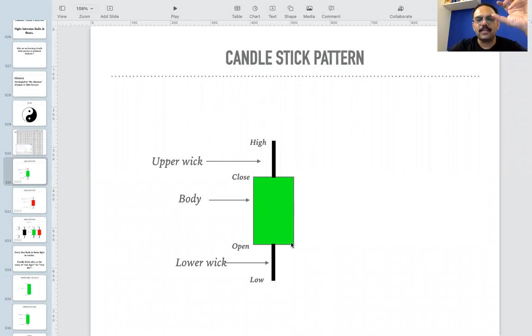This body is colored green. So when you see green, that means at 3:30 the share closed, the closing price of the share was greater than the open price of the share at 9:15. Everyone okay? Everyone clear? If you see a green candle for any day, let me show you and then come back here.